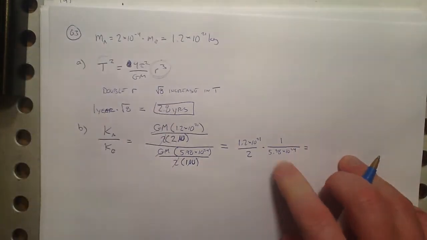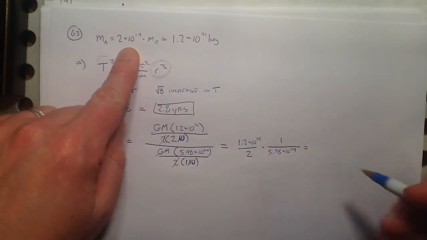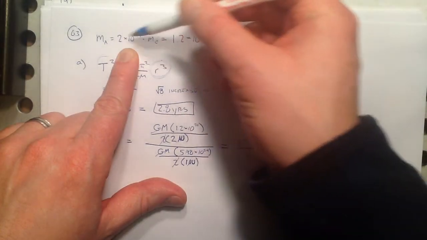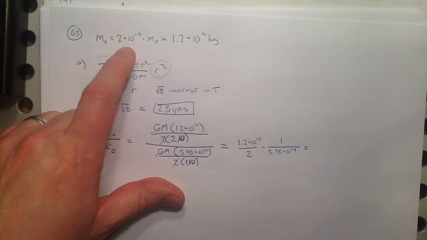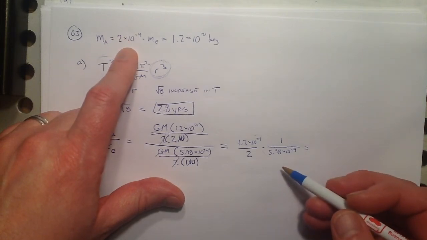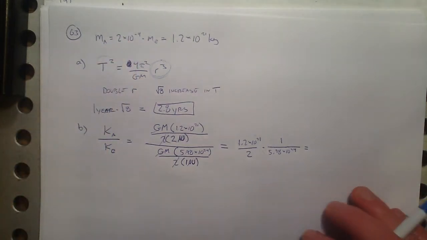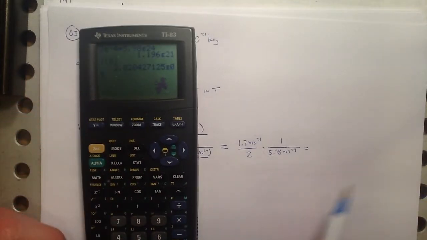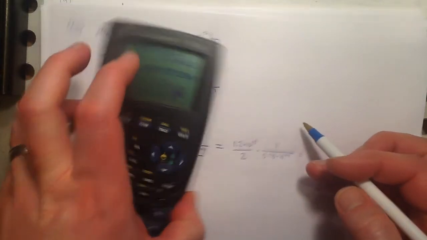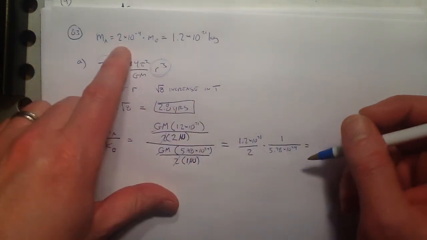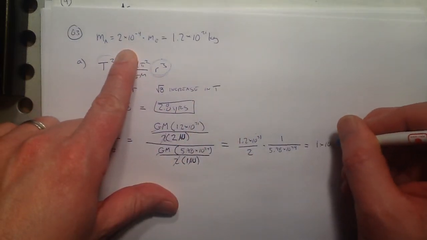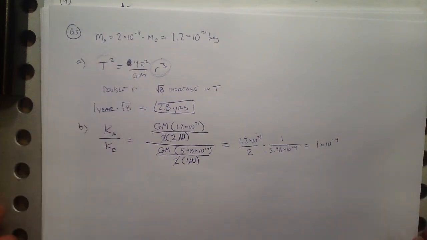And actually, I know what that's going to be, because they already told me this ratio of the mass of the asteroid to the mass of the Earth. You can do the division if you want, but you're just going to get this number back. And then it's half of that, so it's 1 times 10 to the negative 4th as that ratio.